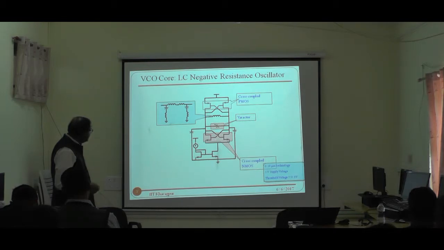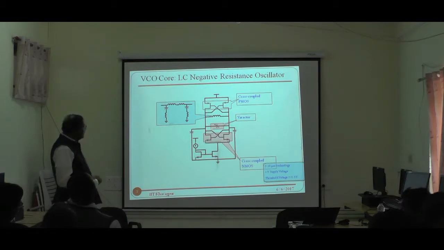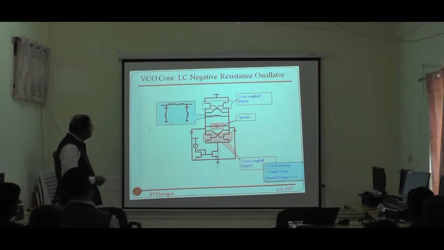Then you have another cross-coupled pair, and this is the current mirror to sink the current. There is a tail current source. And you remember that the variable capacitor is not the only capacitance across the inductor; this capacitance is also added in parallel, because if you look at this point, it is DC, so it is AC ground.